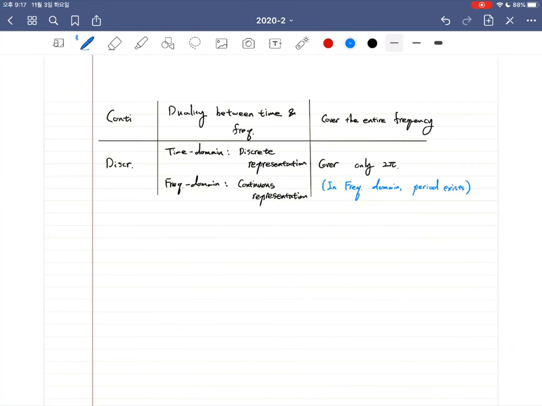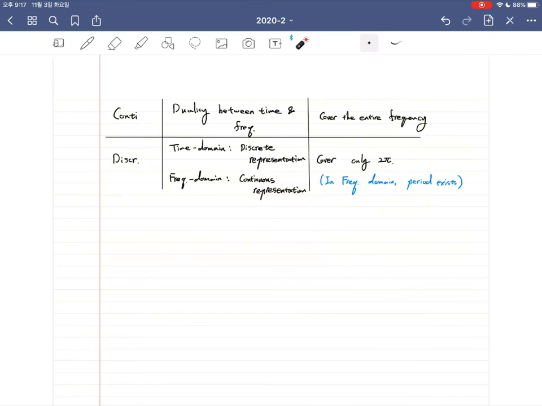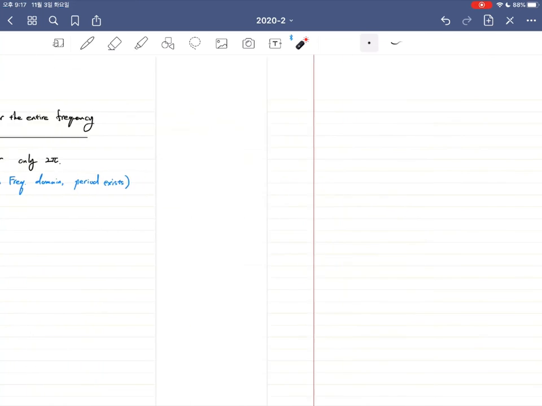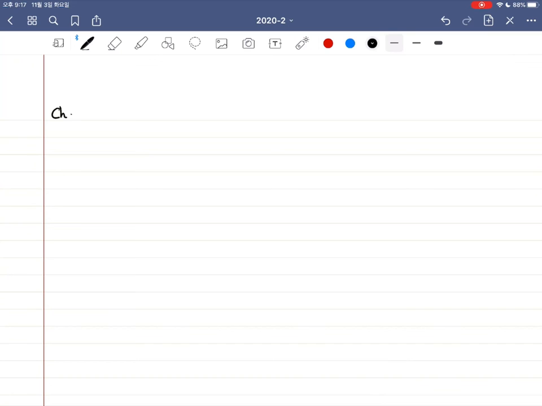So that's what I wanted to point out, the difference between the continuous time and the discrete time Fourier transform, and also Fourier series. Okay, and now I think we can move to the next chapter. Okay, so chapter 9 is also about the Fourier, discrete time.